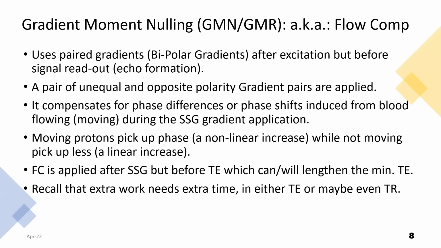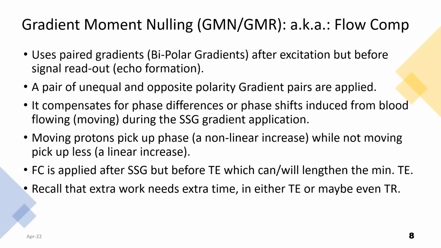What's flow comp? Flow comp, sometimes called gradient motion nulling, is a way to lessen the amount of phase shifts that are measured at TE. So it uses paired bipolar gradients after excitation but before signal readout. So what's the consequence of turning on flow comp, all factors remaining the same?